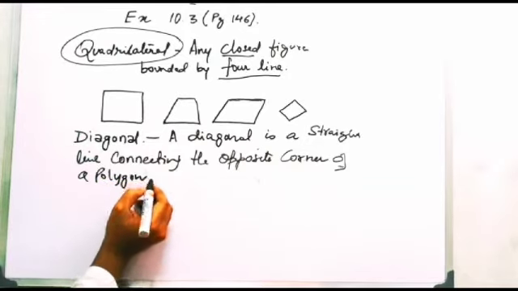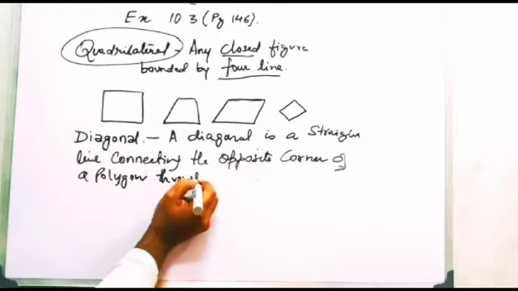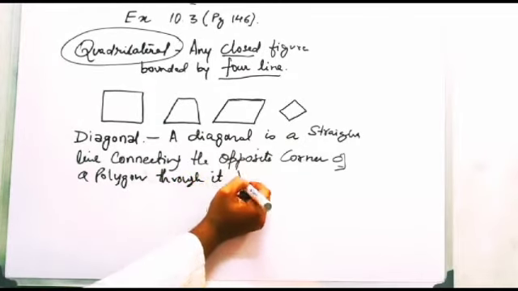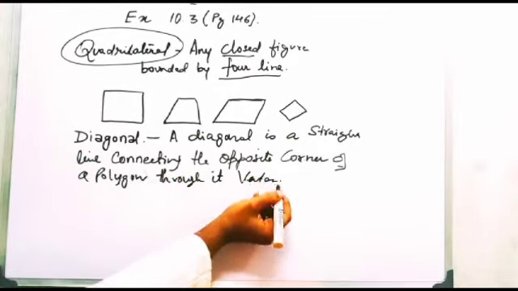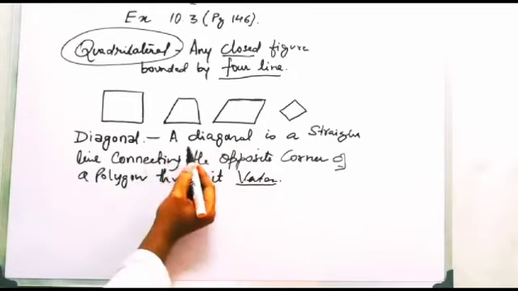Okay, so it's vertex. So we have learned this vertex. What is vertex? So what is diagonal?